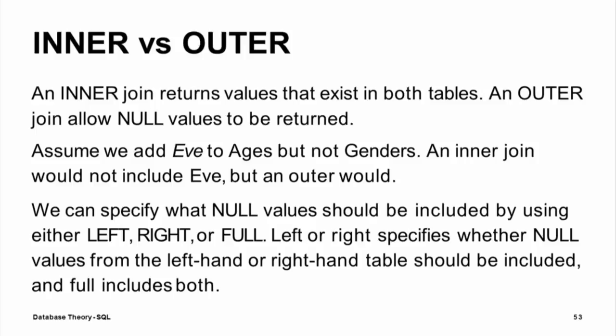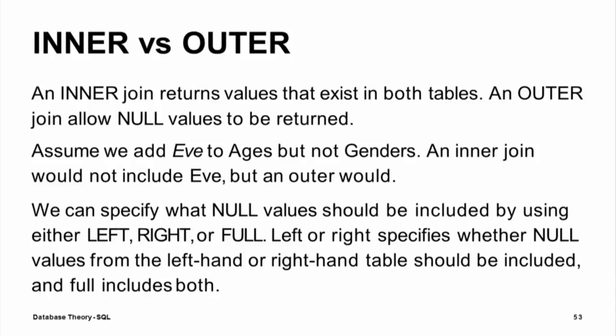But if you want it to be a part of your result, then you need to use outer joins. And then you specify sometimes whether it's a left one or a right one, and that means that you are supposed to either add the null values from the left table or the right table.